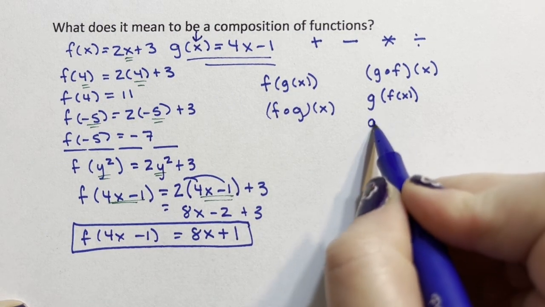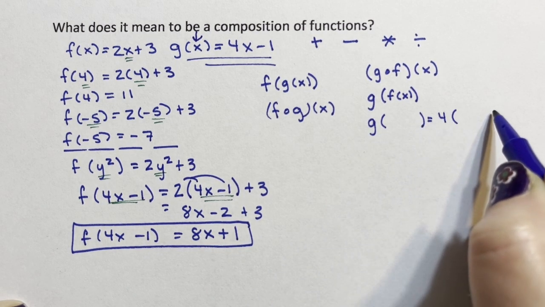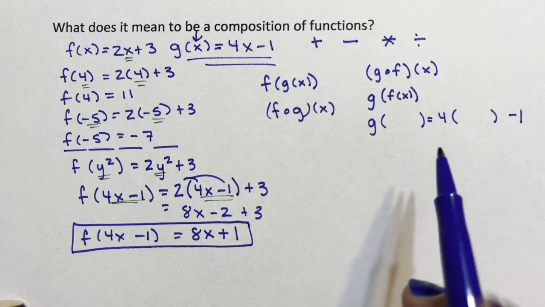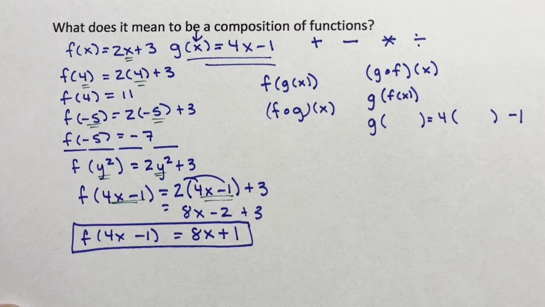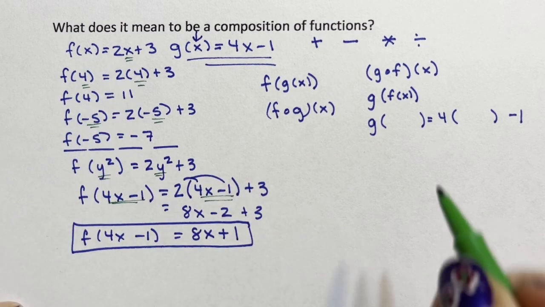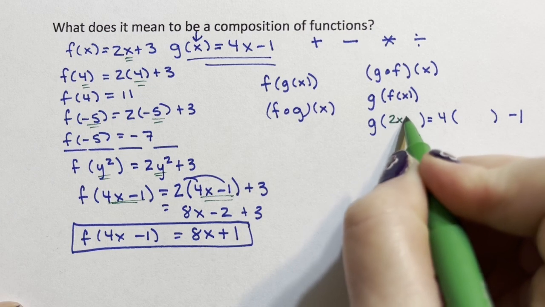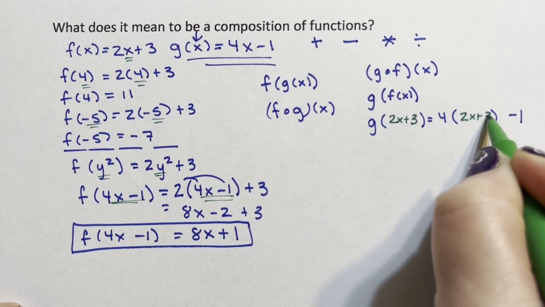So take g and instead of having these x's, replace it with what f of x equals. Well, what f of x equals is 2x plus 3. So I'm going to put the 2x plus 3 here. I'm going to put the 2x plus 3 here.